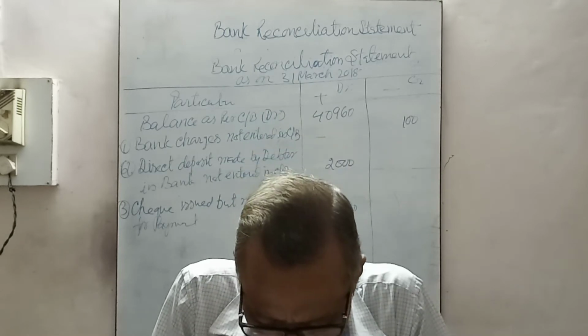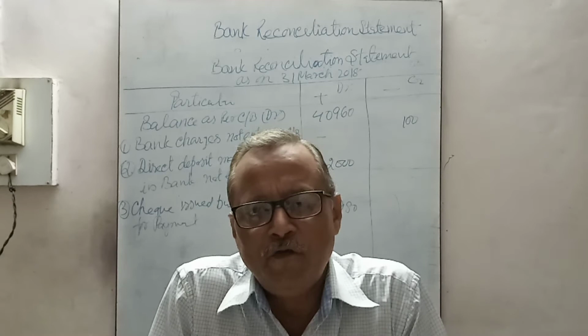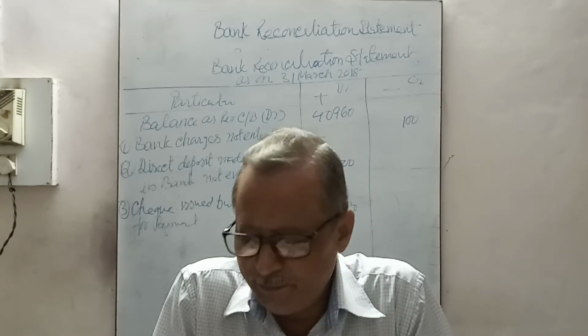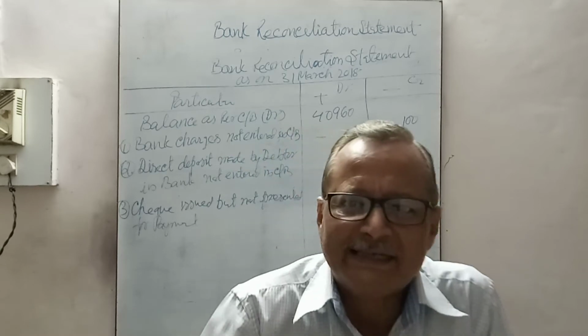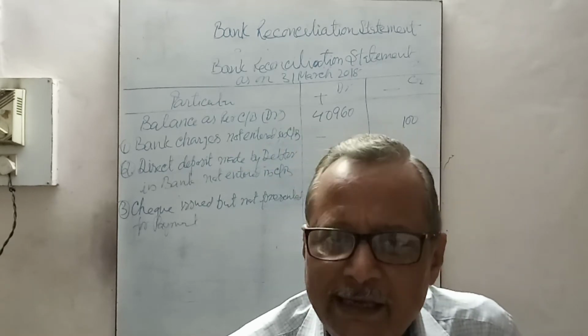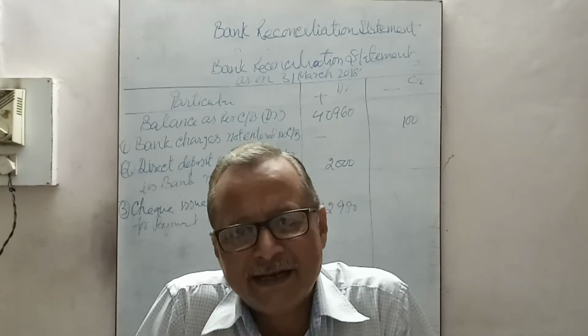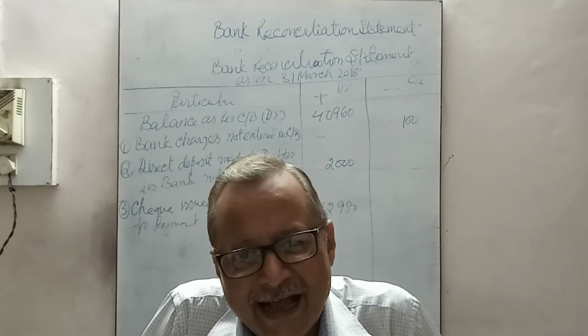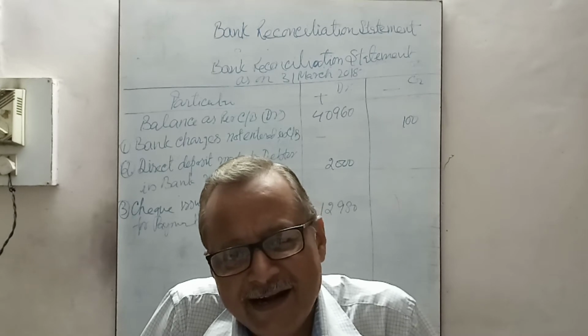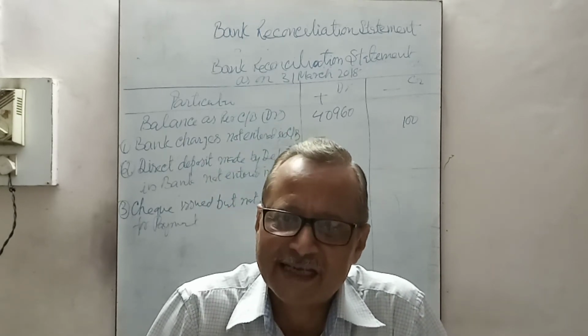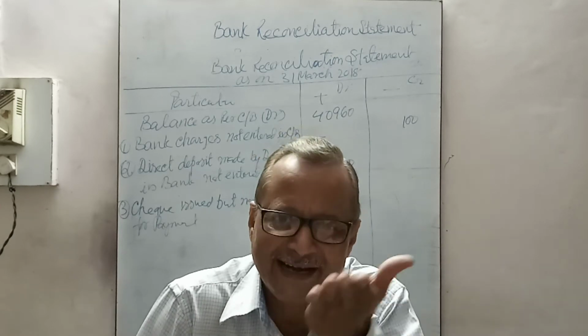And the bill was of rupees 6,900, on which a discount was deducted by the bank, 800. It means your passbook was credited by rupees only 6,100, but in the cash book it was debited as 6,900. It means 800 more was debited in the cash book, 800 more was written in the cash book.